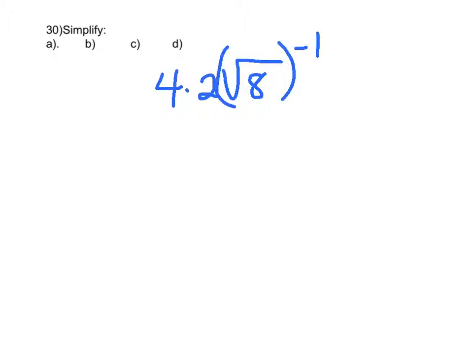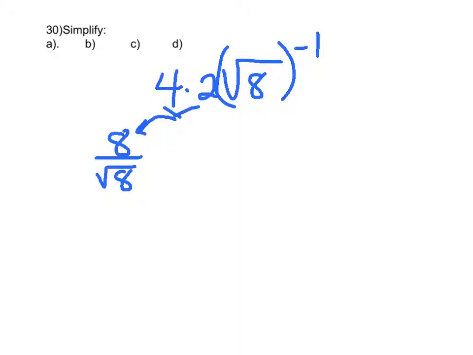And number 30 says 4 times 2 square root of 8 to the negative first power. Again, we're going to take this to the denominator because we don't like that negative exponent, so I'm going to have 8 over the square root of 8. The 4 times 2 gave me this.